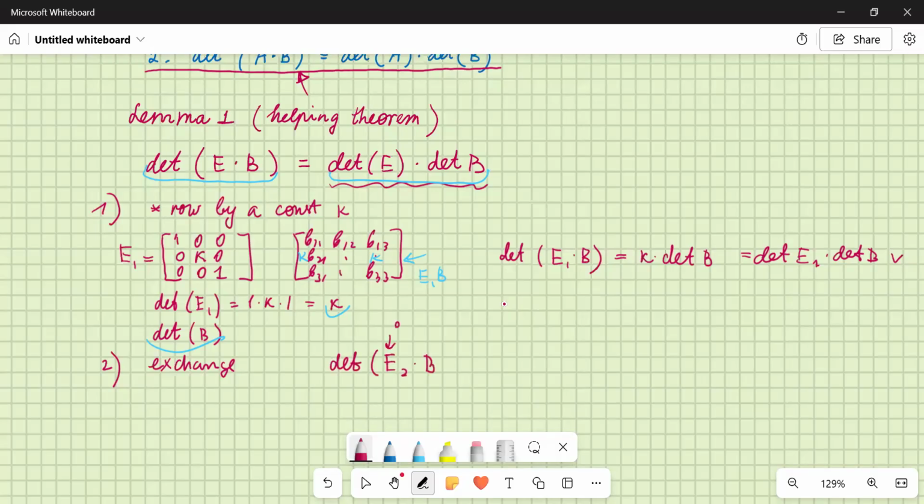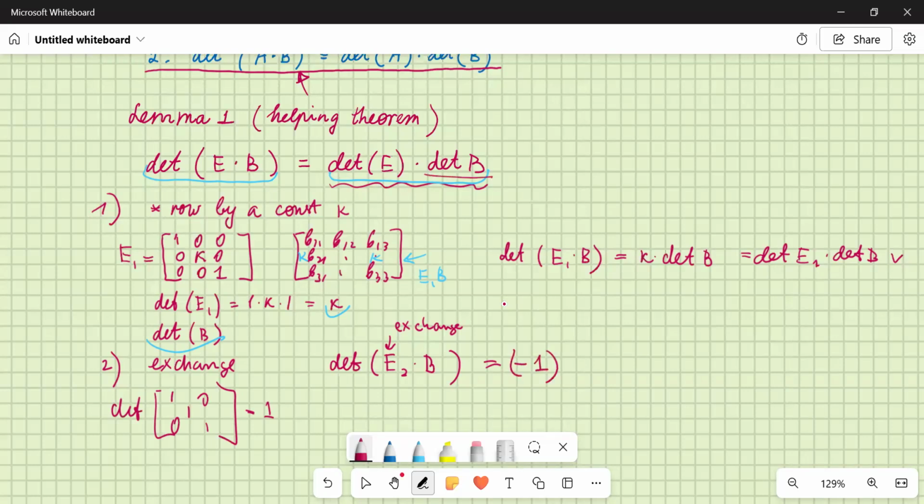This one is exchange. We remember from the previous lecture that when we exchange rows, the determinant changes sign, right? So normally the determinant of an elementary matrix where you have 1, 1, 1, a normal identity matrix, with 0 here, 0 here, is equal to 1. If we exchange rows, the determinant is going to be equal to -1.